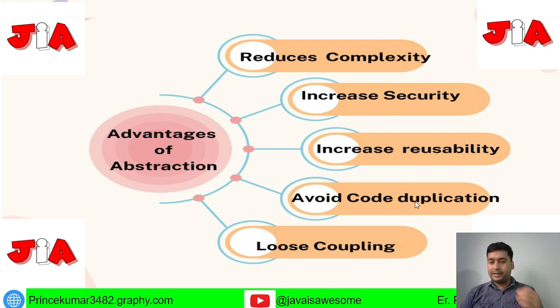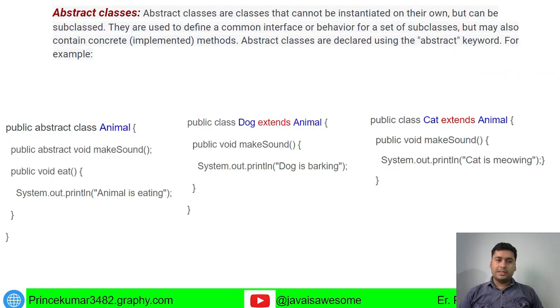We are not going to write the same code multiple times. Avoid means reduce or remove the code duplication. Loose coupling, we have already discussed what loose coupling is. The parts will not be dependent on each other, that is called loose coupling. So one class is not dependent on another class, so we can say those classes have loose coupling. So these are the benefits.